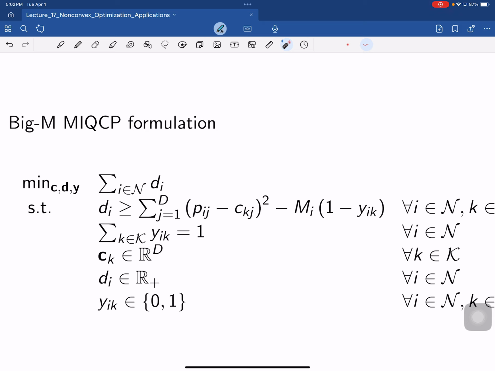Only if data point i is assigned to the k-th cluster will this distance calculation be activated. You don't need to consider the distance from all the other cluster centers. Okay. Is this part clear?